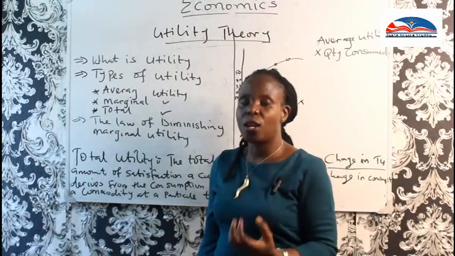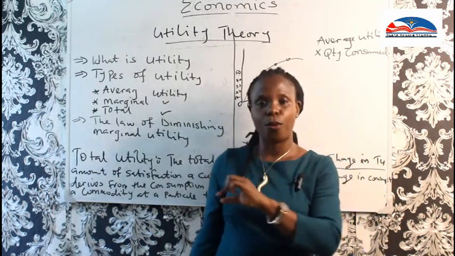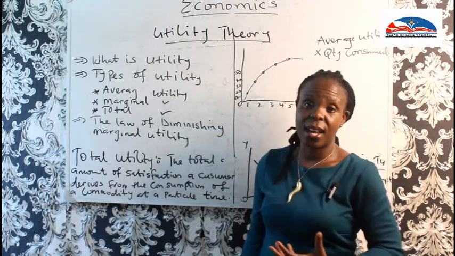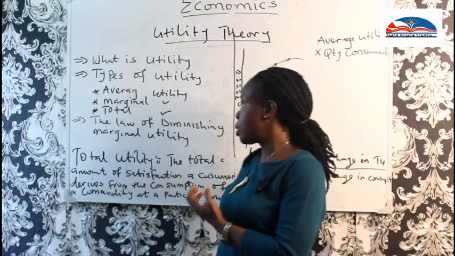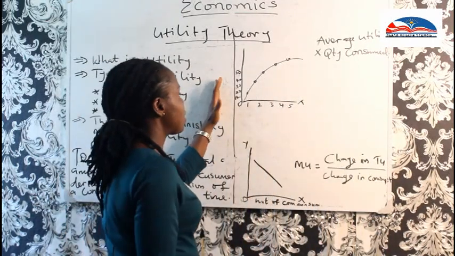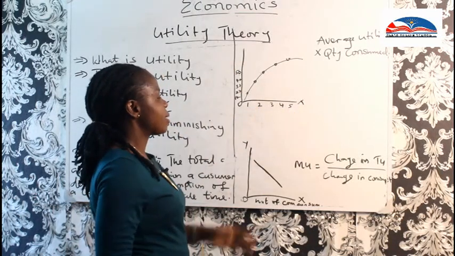What is that product they love to buy to gain the optimum satisfaction from that product? So if they like the product, they are going to buy it and they are happy to buy it. That is total utility, and it is graphically represented by this kind of curve, the x-axis, the y-axis.